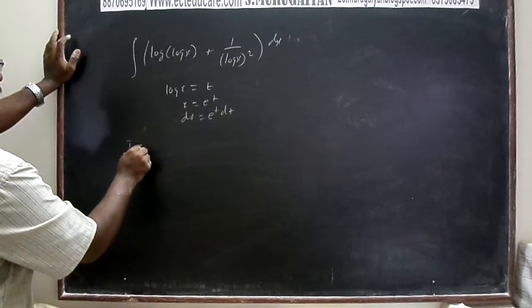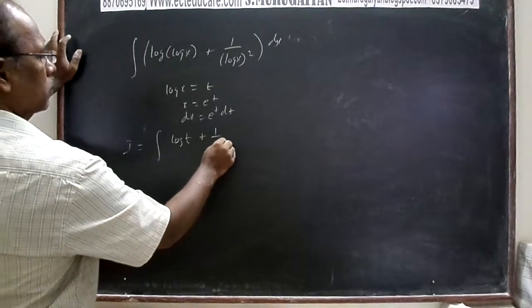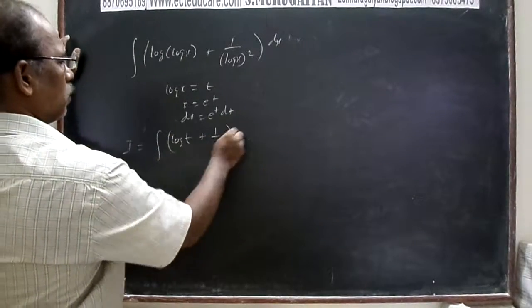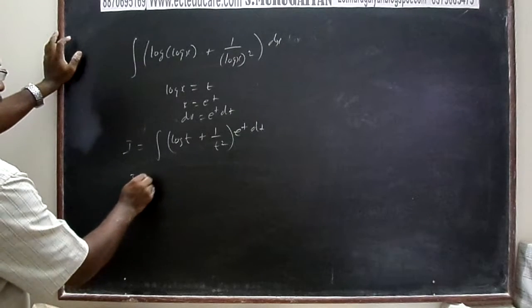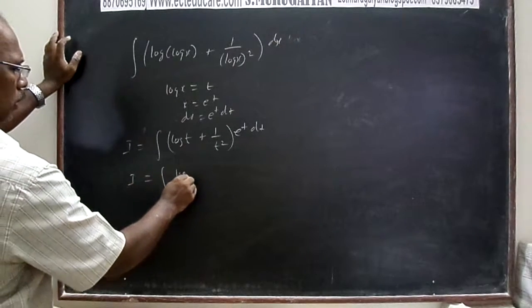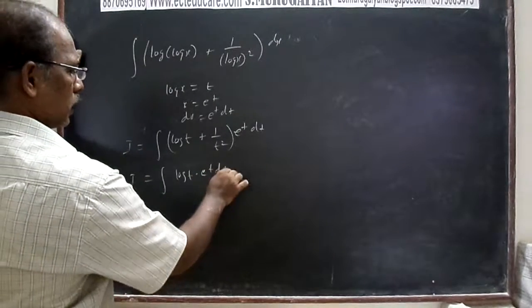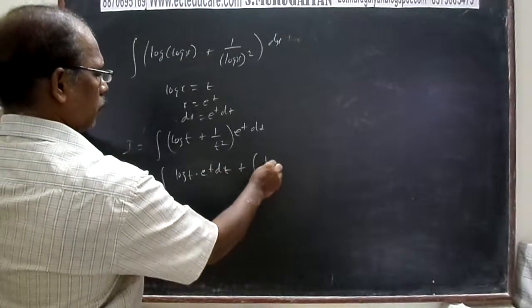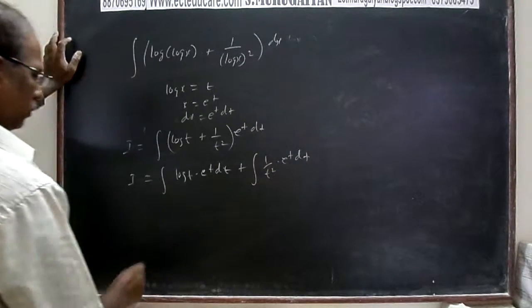Then I equals integral of log t plus 1 by t square into e power t dt. Okay, then I equals integral of log t into e power t dt, first integral, then integral of 1 by t square e power t dt, second integral.